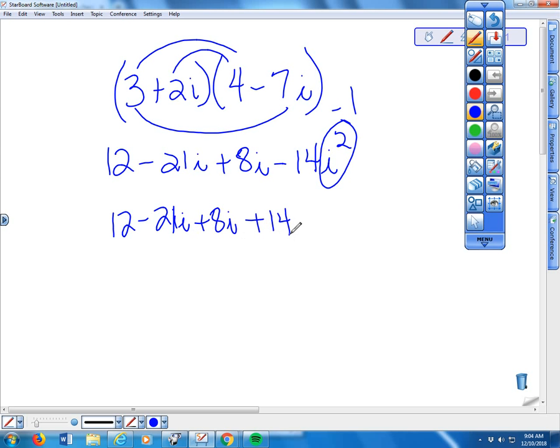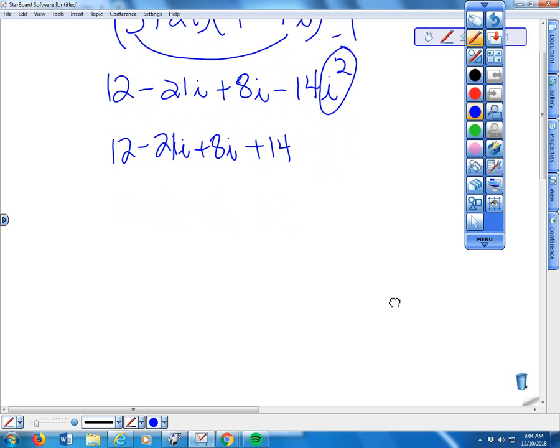The i squared's gone. Can you do that to the others too? No, because this isn't i squared. It's just i. So I'm going to combine my like terms. -21 plus 8.